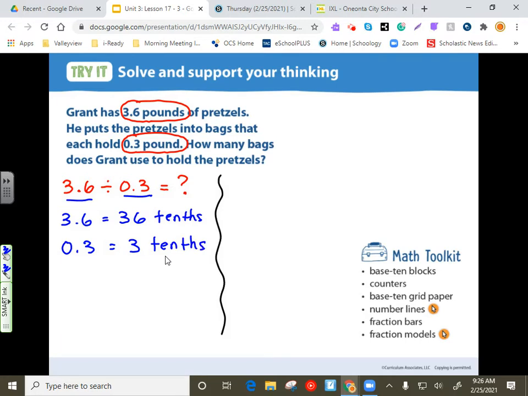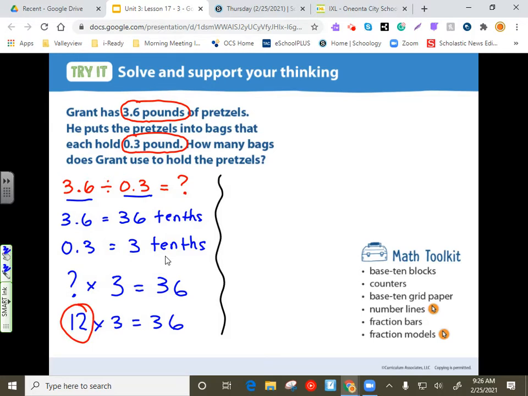So we can do this different ways. We can take our division problem and create a multiplication problem from it: something times 3 equals 36. And you might know from your 12 facts that 12 times 3 equals 36. So we know that he's going to make 12 bags.